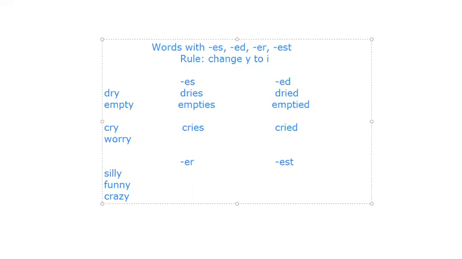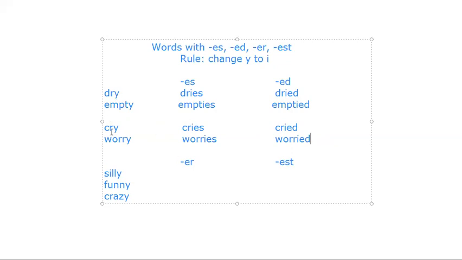Worry. For the word worry, this y word makes the long e sound at the end. Even though it makes that long e sound, it's still a y. So to make it worries, I have to change that y to an i before I can add es. To do worried, something that's already taken place, I again have to change that y to an i, and then add our ending ed.